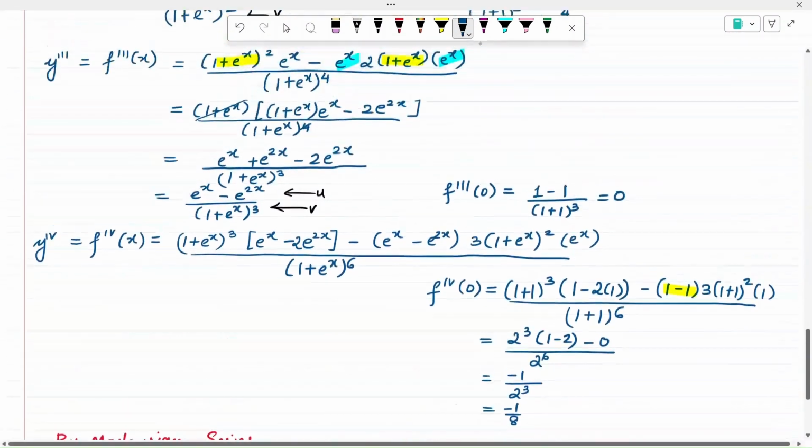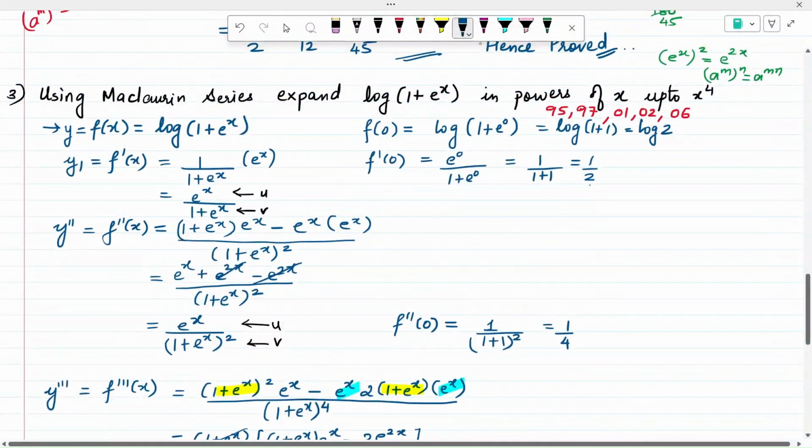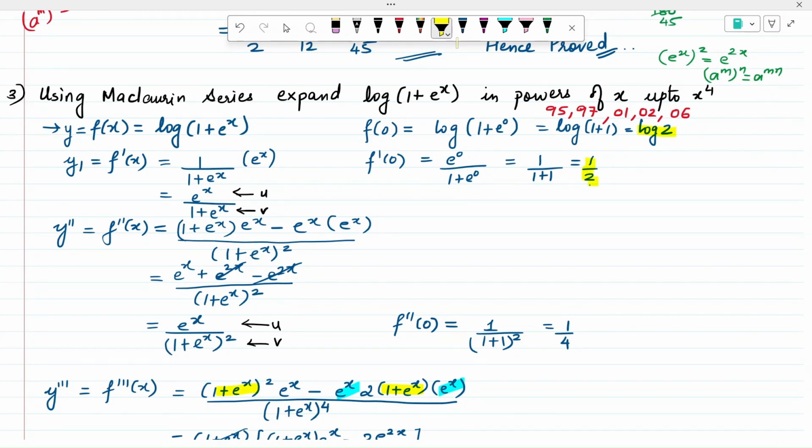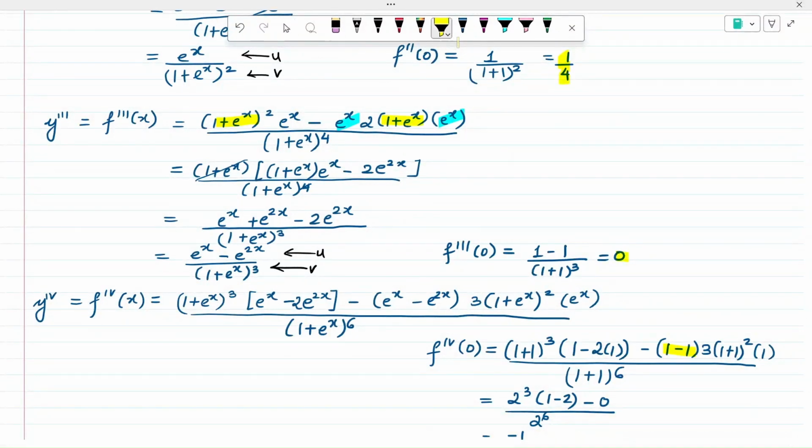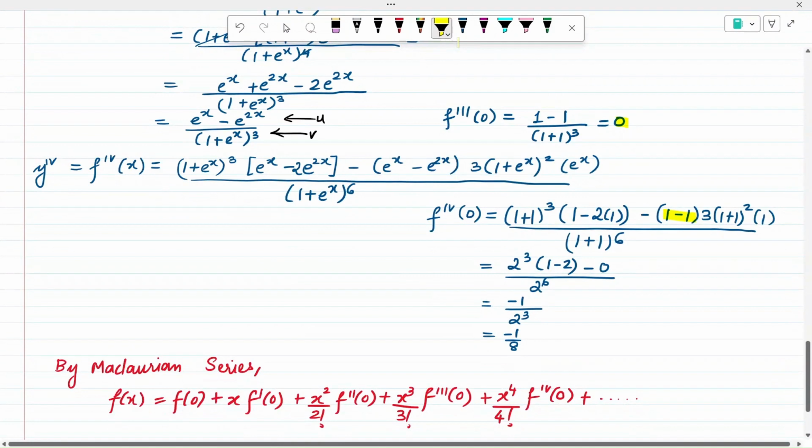f of 0 is log 2. You can observe here log 2, 1 by 2, 1 by 4, 0, and then we have a negative 1 by 8. Let's substitute.